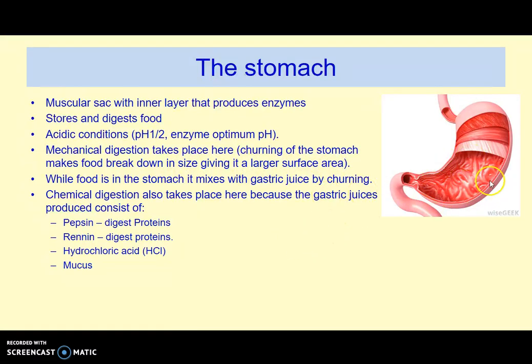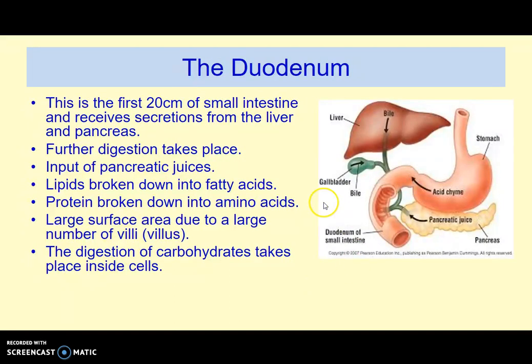We have lots of gastric juice in here, containing enzymes, hydrochloric acid and mucus. Mucus is super important here because it lines the stomach and stops the acidity destroying our own stomach cells.